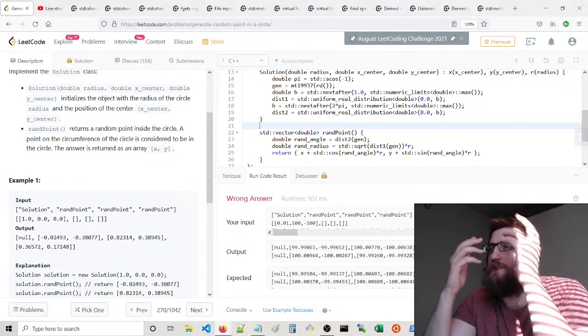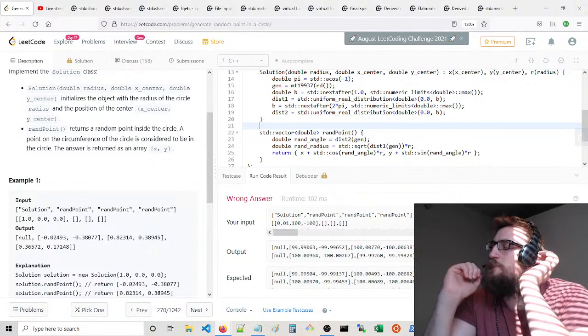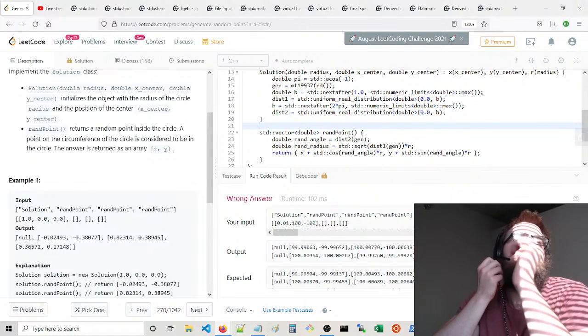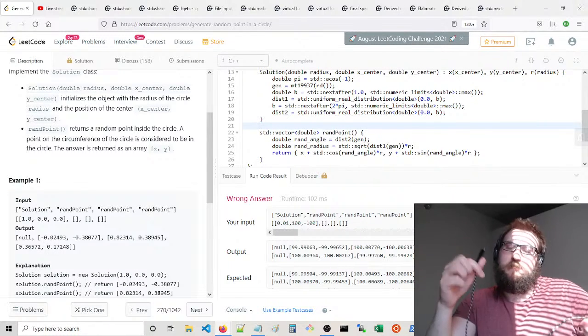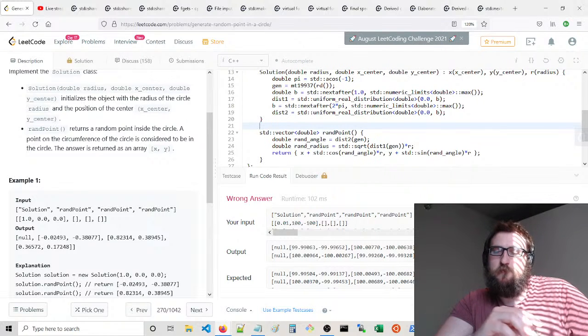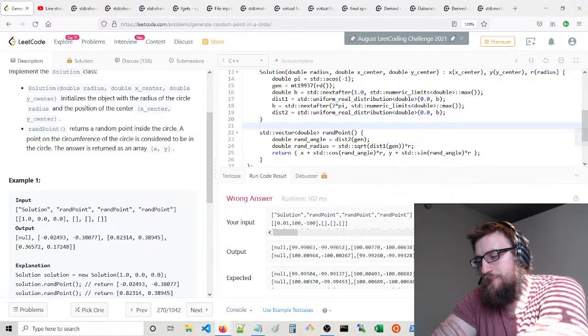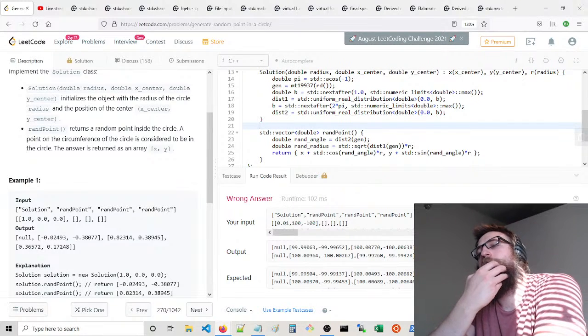There's another way to express this that I understand a little bit better, but it's not really better understood. It's just a different way to express it. Instead of using the square root of 0 to 1, you can use a distribution, what's called a beta distribution, to give you a squared random variable.